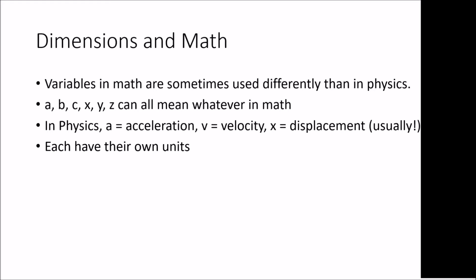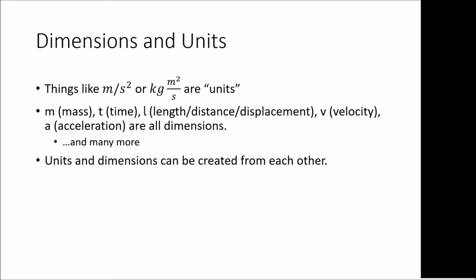Each of these things will have their own units. So we'll talk about units in a little bit. Your displacement, that's going to be meters, your velocity, meters per second, acceleration, meters per second squared, etc. Okay, so now we've got things like meters per second squared, kilograms, meters squared per second. Those are units, or just plain kilograms or seconds. Those are units as well.